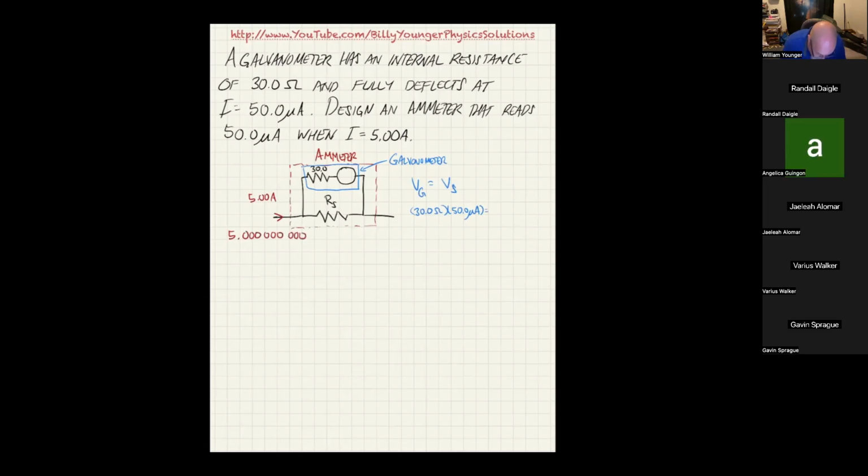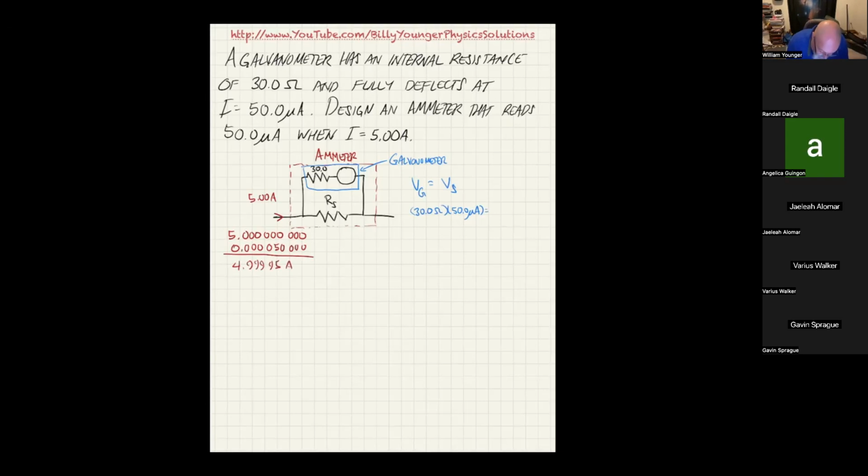What I know is I have tenths, hundredths, thousandths, ten thousandths, hundred thousandths, and then millionths is a micro. So actually I need to go back one, and I put a 5 0 there, and I do a subtraction. I'm basically doing 5 minus 50 e to the negative 6, and that gives me 4.99995 amps.